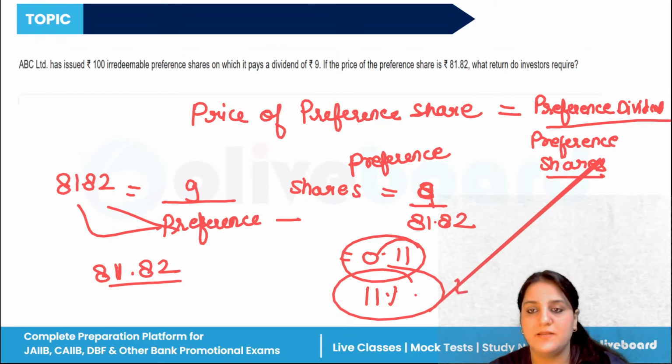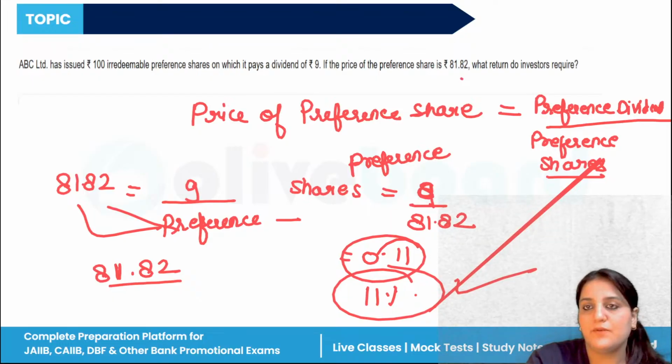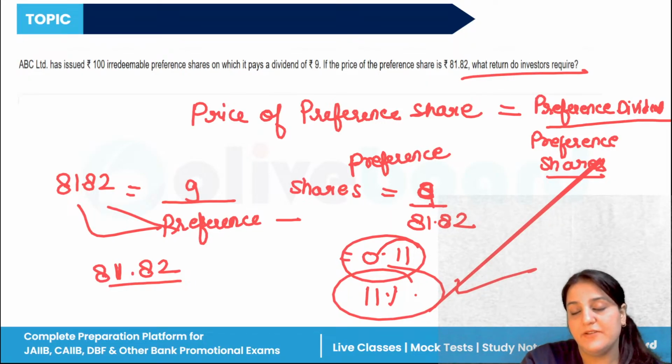So that is the answer. Here we can calculate that 11% is the answer.